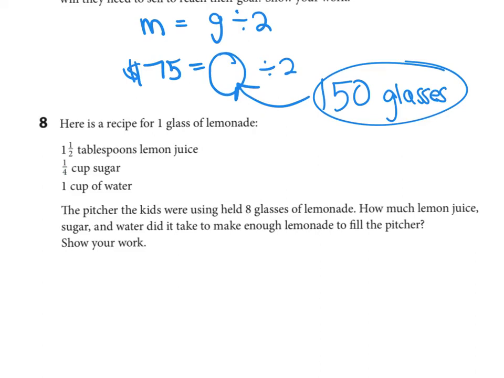So, reviewing multiplying fractions, 1.5 times 8 would tell you how much lemon juice. I know that 8 times 1 is 8. 8 times 1/2 would be 4. So 8 plus 4 is 12 tablespoons of lemon juice. I'm going to write that down.